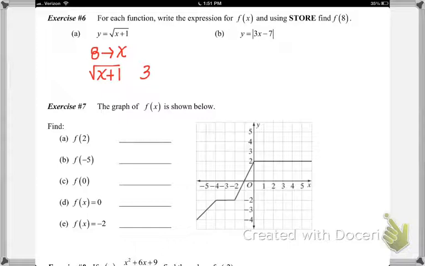The square root of 9 is 3. And just so you know, to input the square root symbol, it's second x squared.